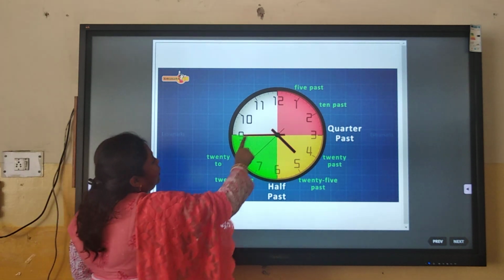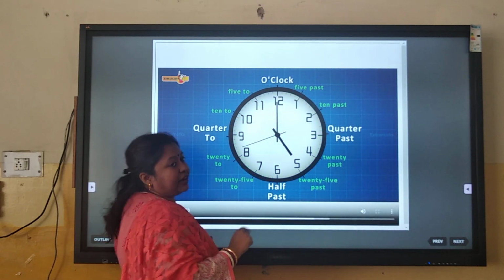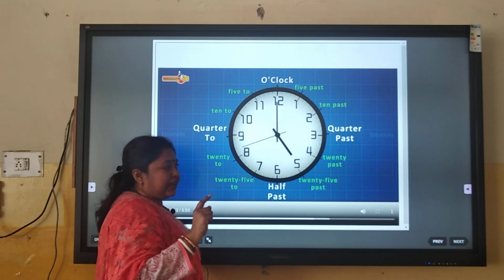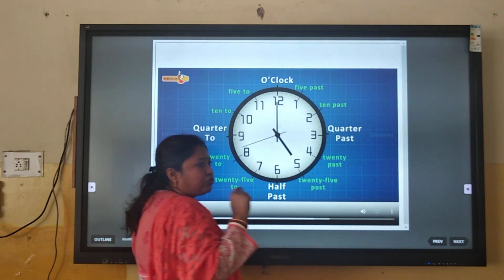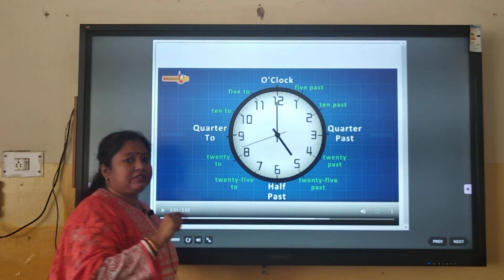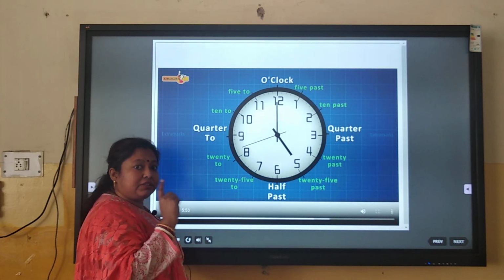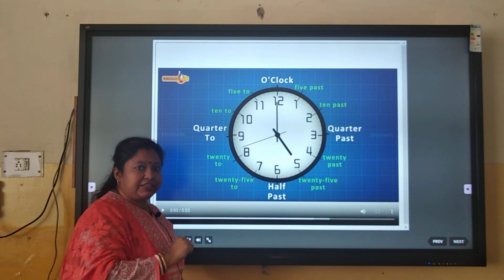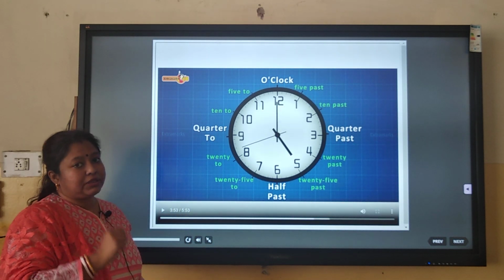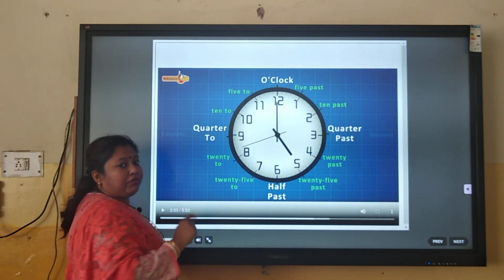Okay, so you see, 1 is 5 past, or we write 5. 2 is 10 past, or we write 10. 4 is 20 past, or we write 20. 5 is 25 past, or we write 25. 6 is half past, or we write 30, because 6 5s are 30. 7 is 25 to, or we write 35. 8 is 20 to, or we write 40.